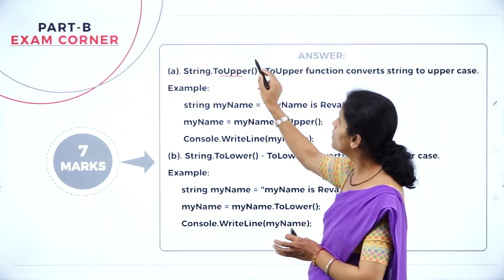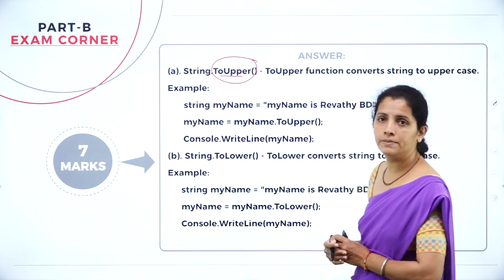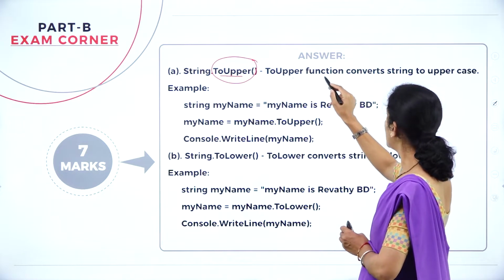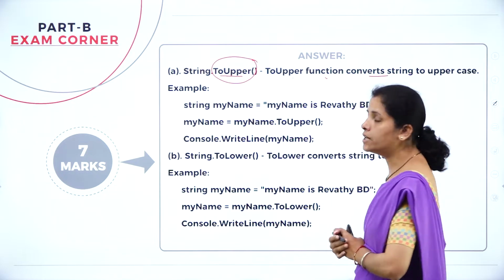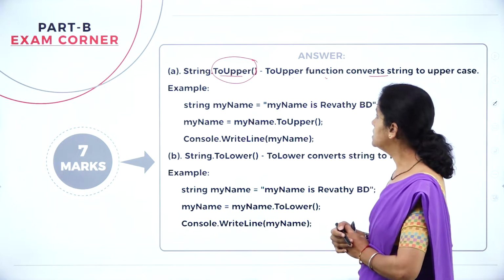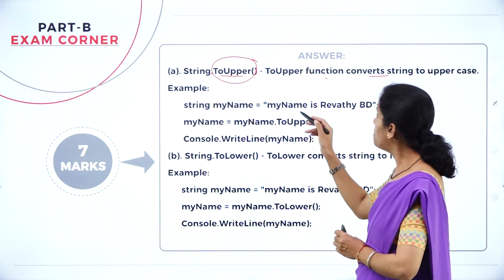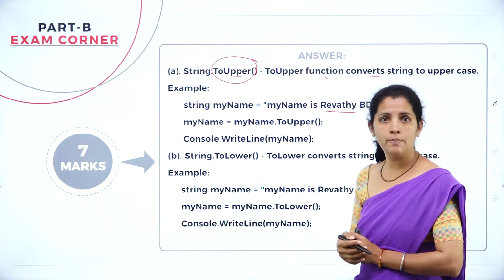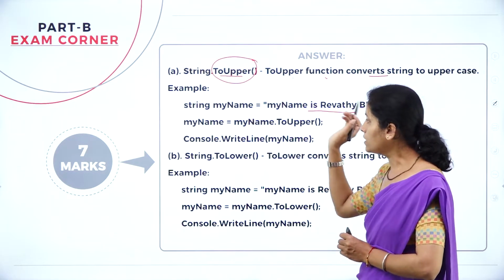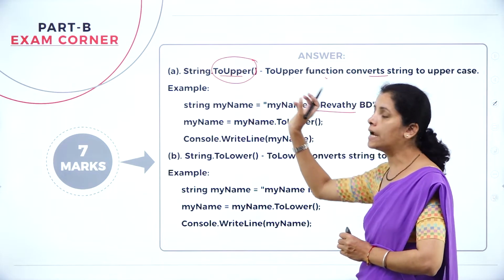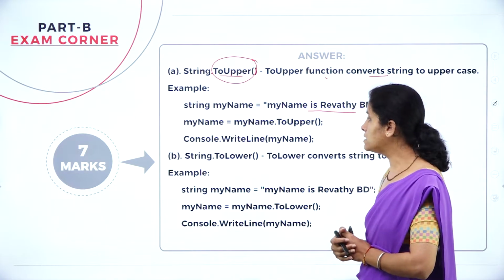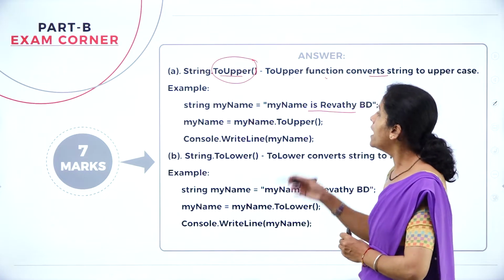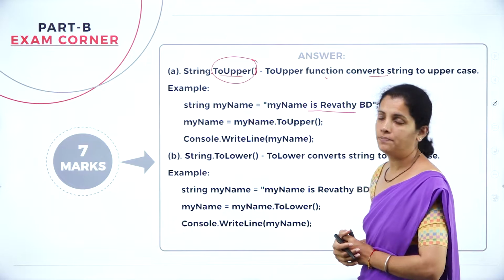For that, I am going to have ToUpper. So, ToUpper function converts string to uppercase. See here, I have written my name is Revati BD. I am going to convert this into uppercase. And what is the output? I'm going to get everything in capital letters.